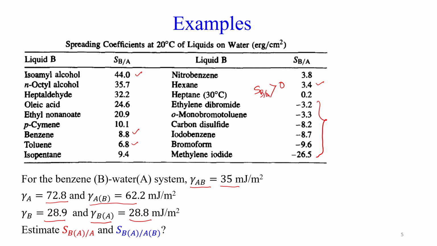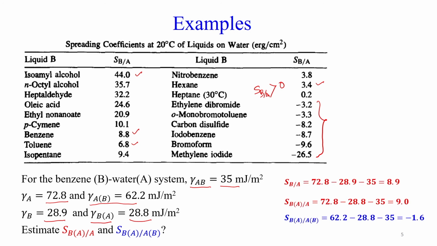Now, let us calculate the spreading coefficient before saturation and after saturation. Before saturation it is very simple. S B A is the surface tension of water minus the surface tension of benzene minus the interfacial tension, and its value comes out to be 8.9.